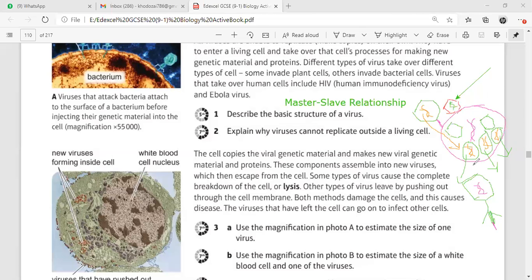Once it bursts, all the viruses will come out and start looking for another host cell. This is known as the spread of viral infection.